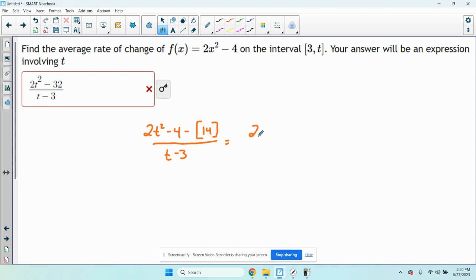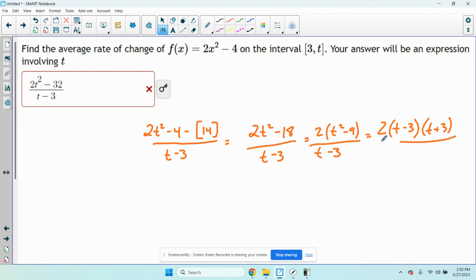So I get 2t squared minus 4, that's 14, that's minus 18 over t minus 3. And if you wanted to, you could factor a 2 out. You're left with t squared minus 9 over t minus 3. This is a difference of perfect squares. So this is 2 times t minus 3, t plus 3 over t minus 3.